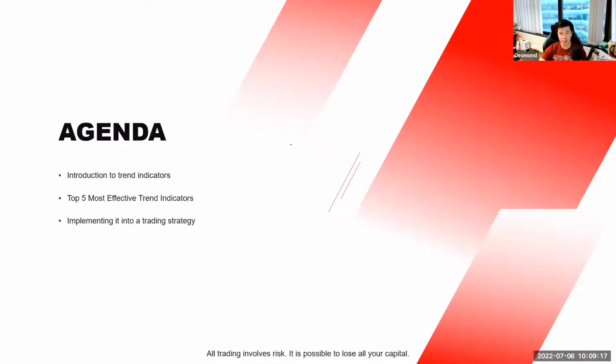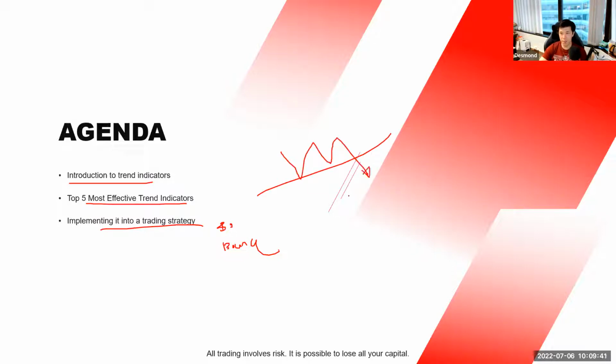The agenda for today: I'm going to talk a little bit about trend indicators. We're going to look at the 5 most effective trend indicators. I'll talk about implementing them into a strategy. How do you play the breakouts, and how do you play the bounce, the reversals rather? Just so that we're on the same page, breakouts are when price breaks out of a certain level.